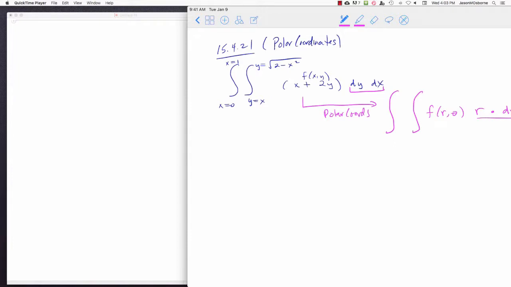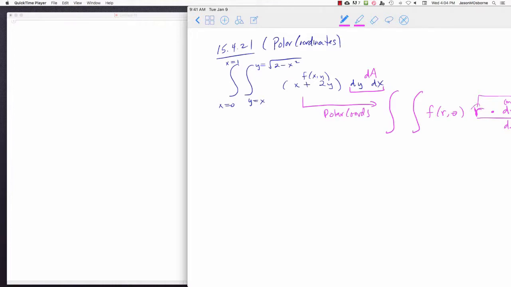For the area element, here's dA in Cartesian, here's dA in polar coordinates. You need r as a conversion factor. r is in units like meters, theta is an angular measurement. r d theta together have units of meters, so meter times meter is meter squared.